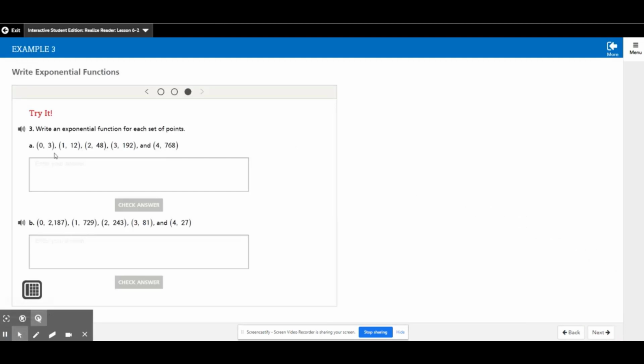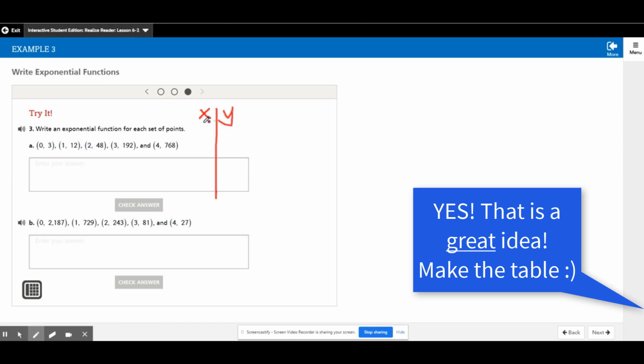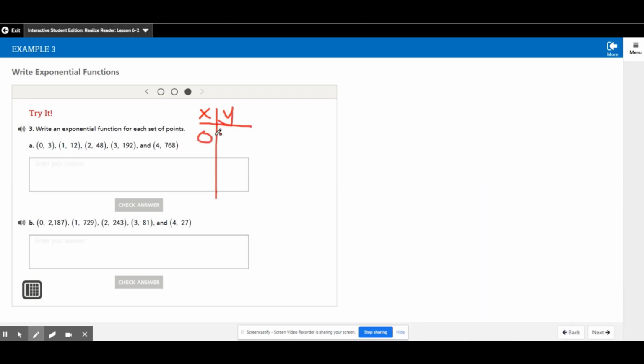So in your example, it says write an exponential function for each set of points. What might help is if you wrote your points as an XY table so that you can see some glaring things. So we can write (0, 3), (1, 12), (2, 48), (3, 192), and (4, 768).